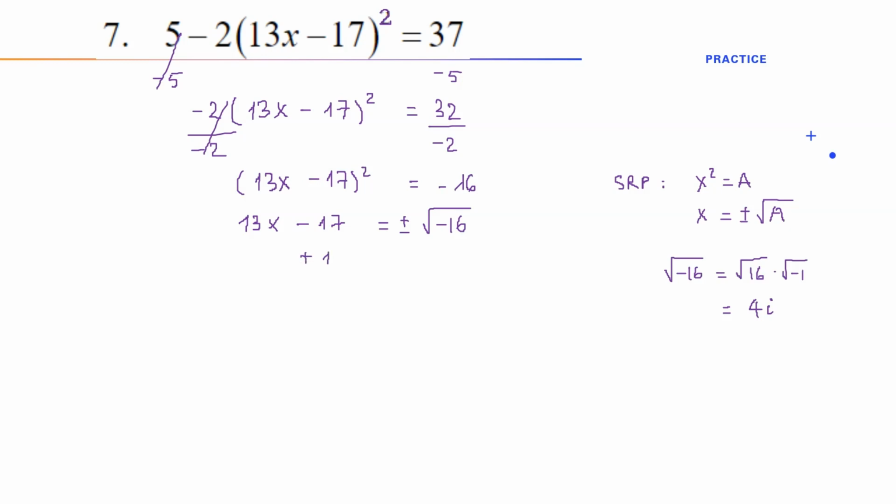We add 17 to both sides, so 13x equals 17 plus or minus 4i. Now we divide both sides by 13. We have x equals 17 plus or minus 4i over 13.